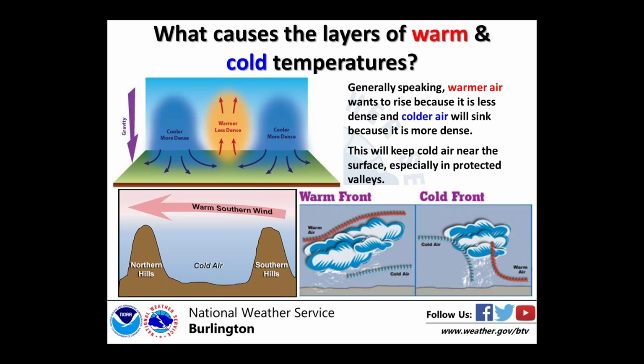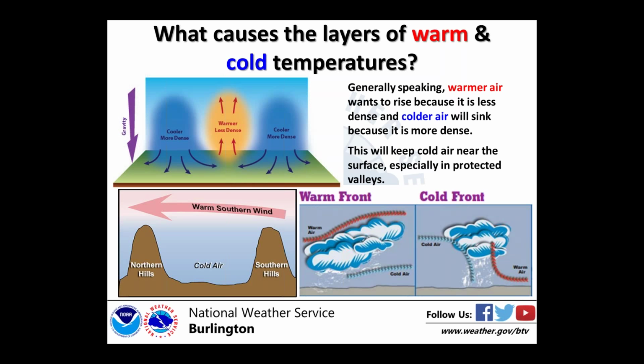Another thing that can help cause these differences in temperatures is a warm front. As a warm front approaches and you have cold air, that warm air will ride up above the cold air because the cold air wants to stay down.